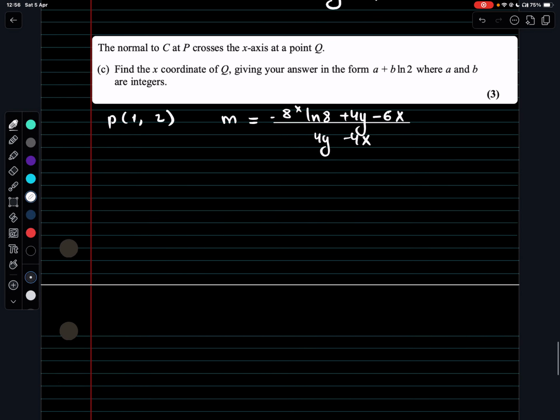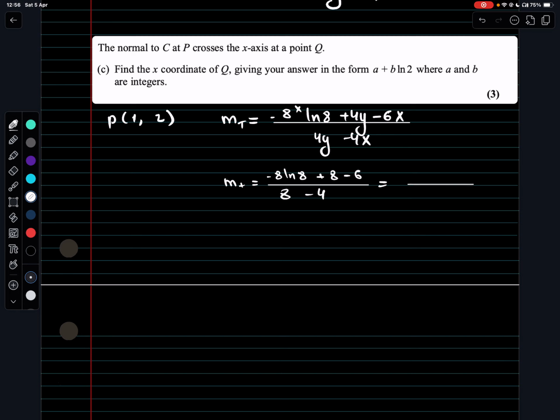So the gradient of the tangent at this point, let me write it as t over here, is going to be negative 8 to the power of 1 ln 8 plus 4 times 2 minus 6, divided by 4 times 2 minus 4.